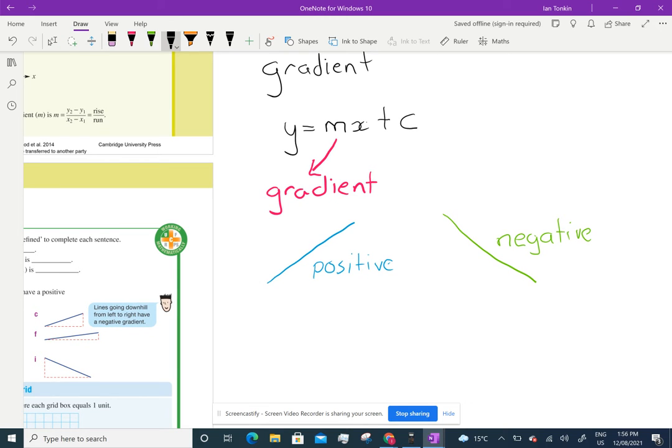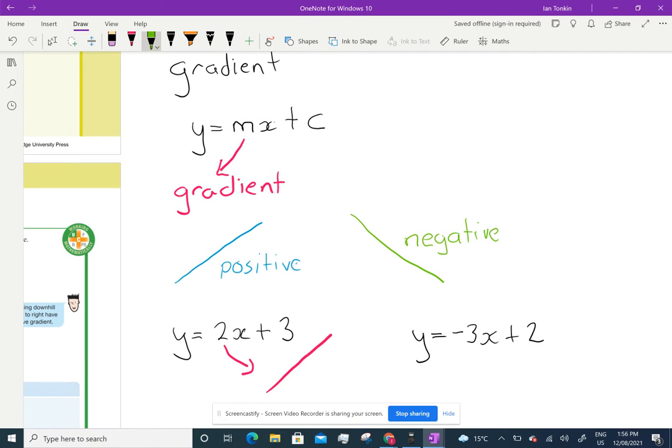So if I said, here's this equation, and we've graphed this before, y equals 2x plus 3, well, straight away, you know that this is going up. When we look at it left to right, this is going to be a line going up with a gradient of 2. But if I wrote the equation y equals negative 3x plus 2, then this gradient is negative, so this line would be going down.